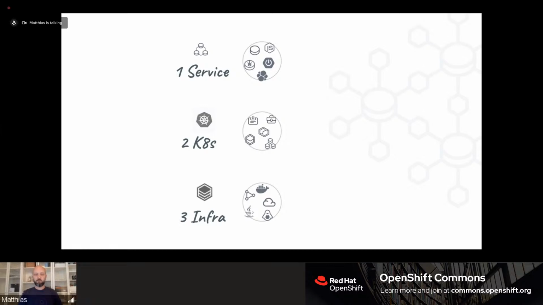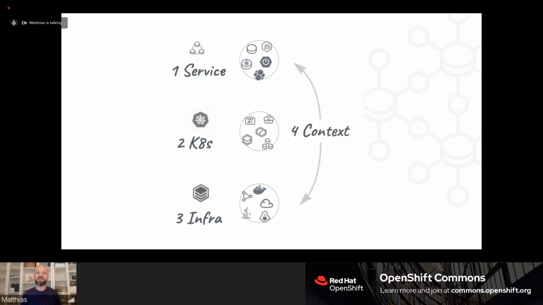We try to build up abstractions, but whenever I look into some examples, there is always something where you start looking at how a particular container is behaving on a particular host. So infrastructure, as I showed earlier with the I/O example, is still something that we need to look into. But as the talk says, context is king.